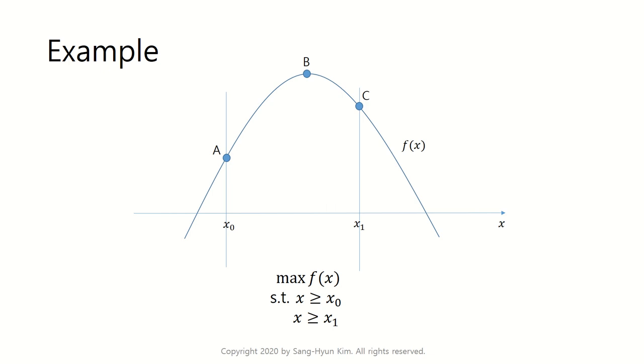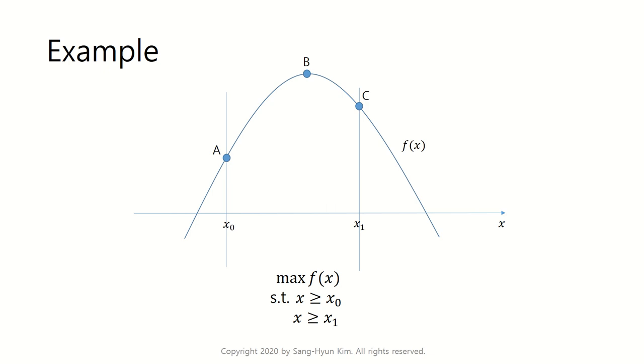Only one constraint is important. Which one? Okay, the second one is important. The first one is meaningless. And in our class, we are gonna say that the first constraint is not binding, and the second constraint is binding. And binding constraint is important constraint.